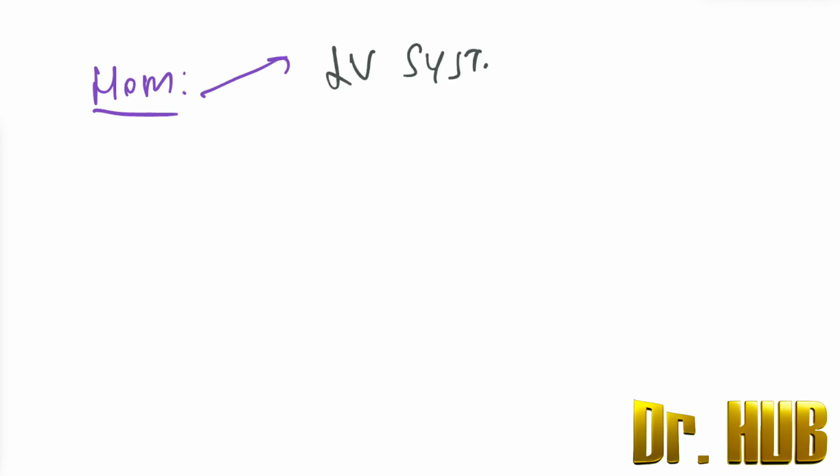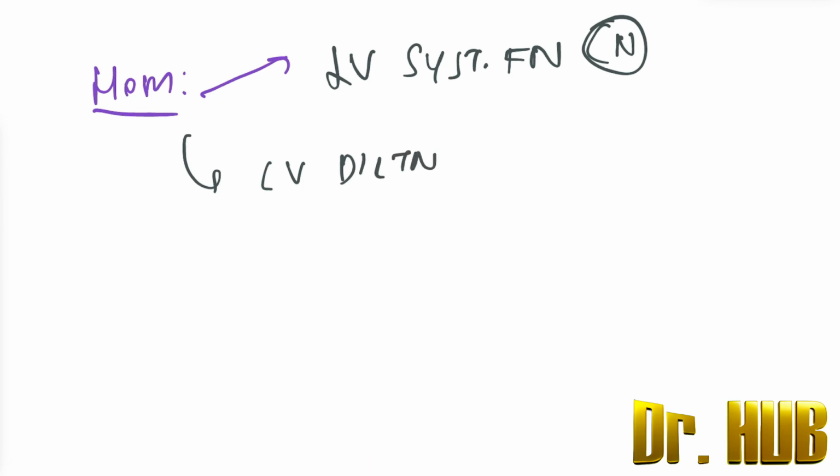Now let's look at the hemodynamic changes. Left ventricular systolic function is normal. When you look at the LV dilation, it becomes absent, or it can be present or mild.